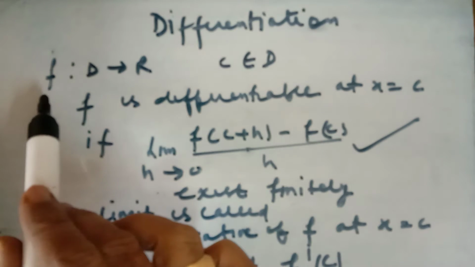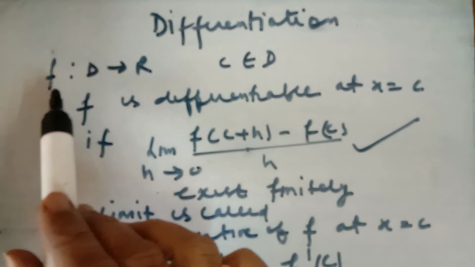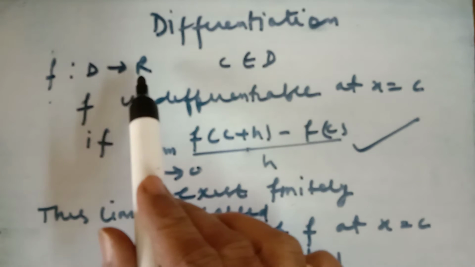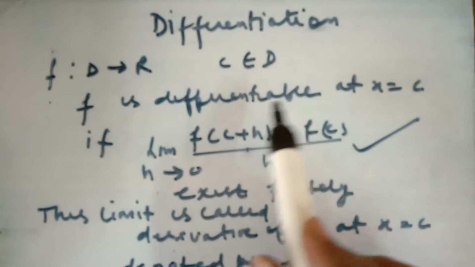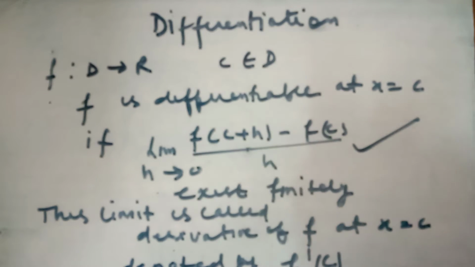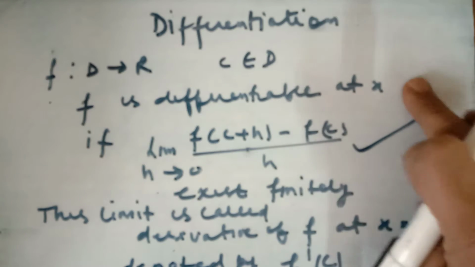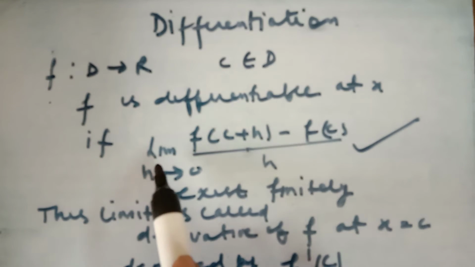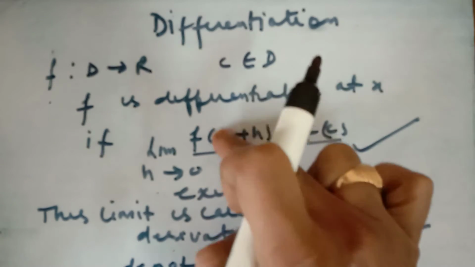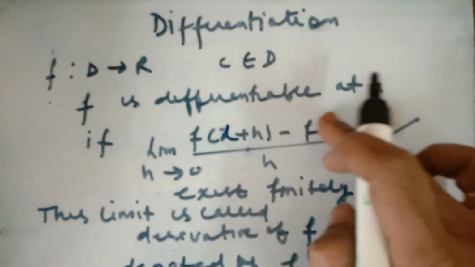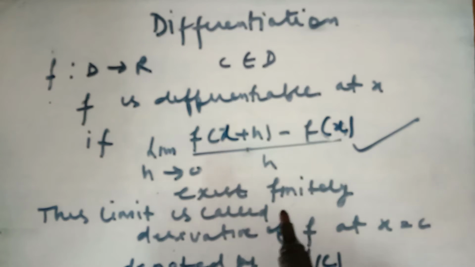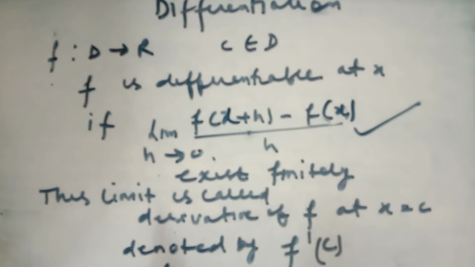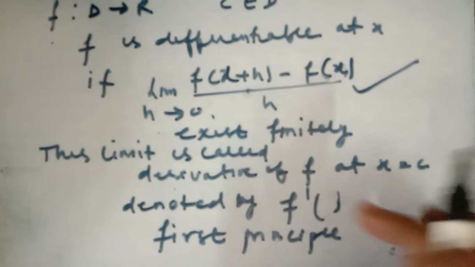Let us take a function whose domain is D and its range is R, where D is an open interval in R. Then f is said to be differentiable at any point x if the limit as h goes to 0 of (f(x + h) - f(x)) / h exists finitely, and it is denoted by f dash x.